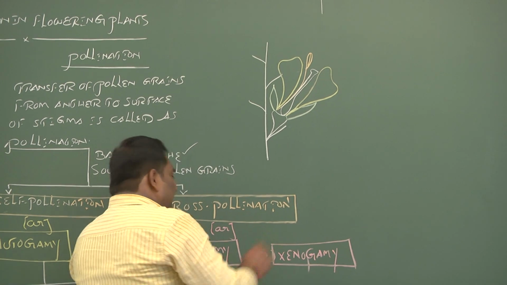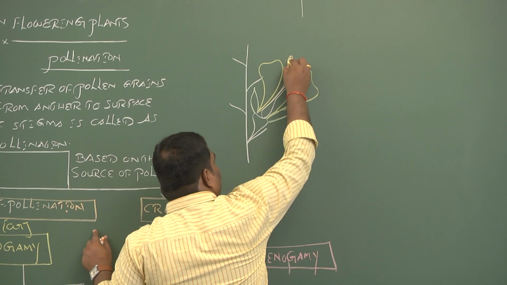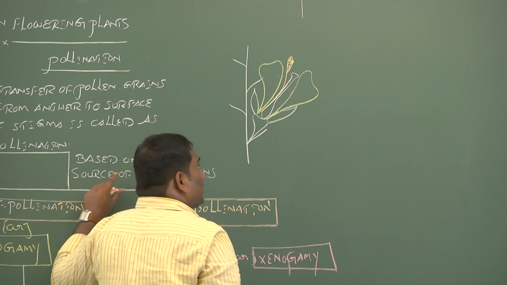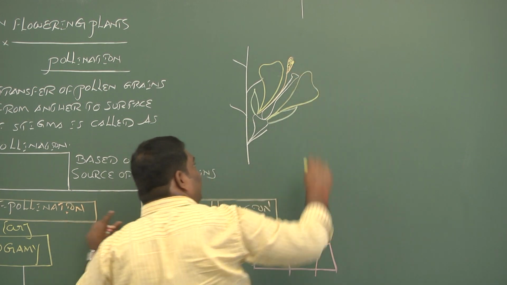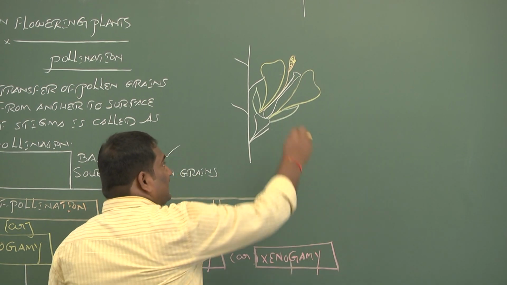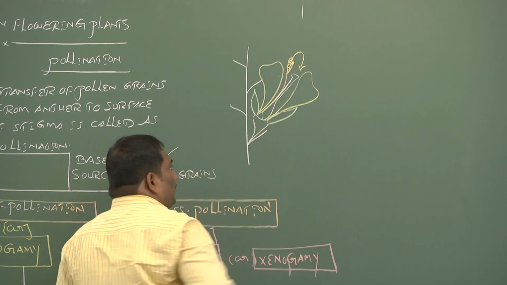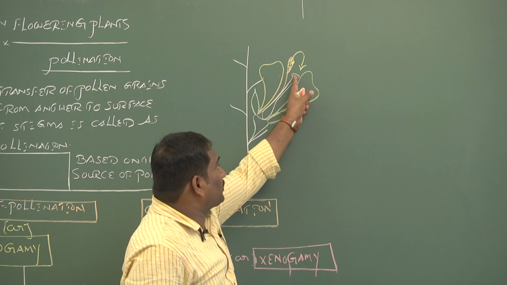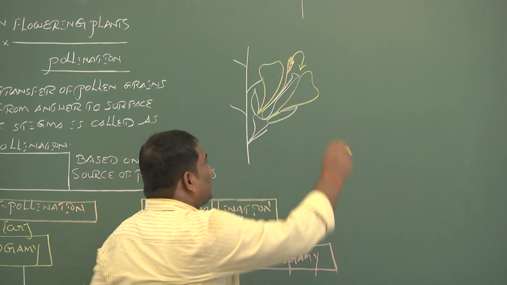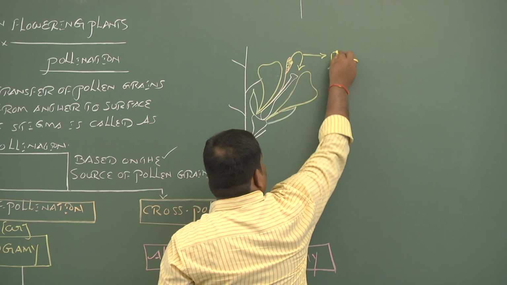Now the pollen grains are developed in the anther. At the mature condition of the anther, when the anther wall ruptures, these pollen grains are released. The transfer of these pollen grains from anther to the surface of stigma is called pollination.